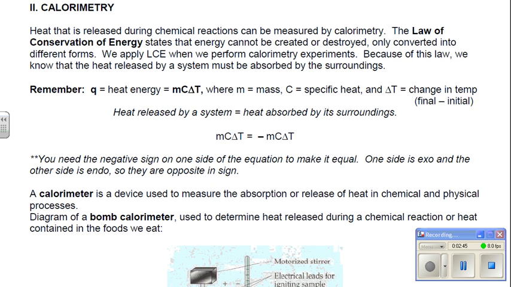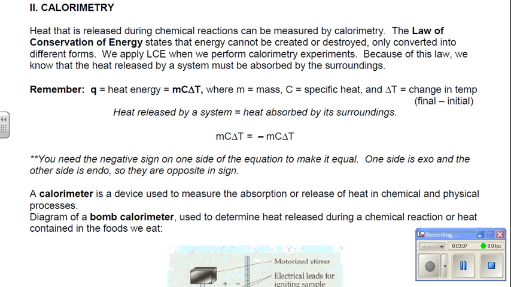Okay, calorimetry. It says heat that is released during chemical reactions can be measured by calorimetry. The law of conservation of energy states that energy cannot be created or destroyed, only converted into different forms. We apply the law of conservation of energy when we perform calorimetry experiments.